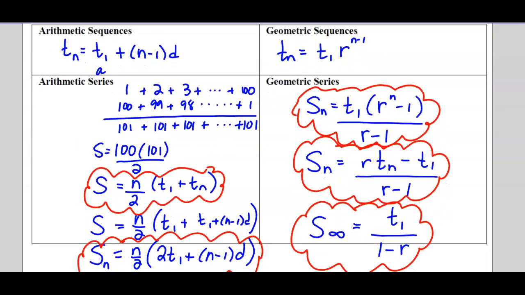Obviously it's not infinite, so we're choosing between these. Because I calculated the last term, I can use this. But if you didn't calculate it, then use this one. So really it's up to you.